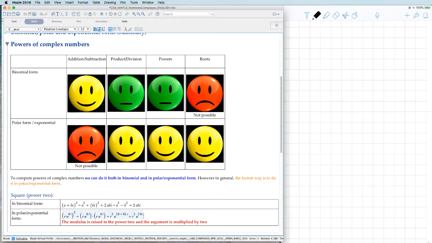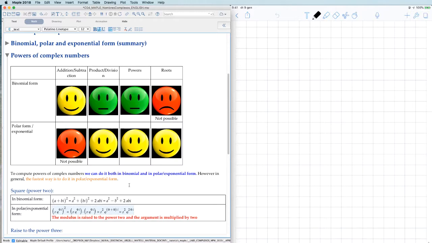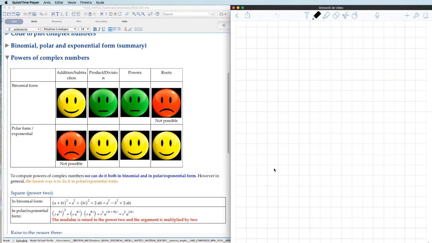Let's start with powers. The first power that we need to compute is the power 2, the square of a number. So imagine that we are given a number in binomial form.